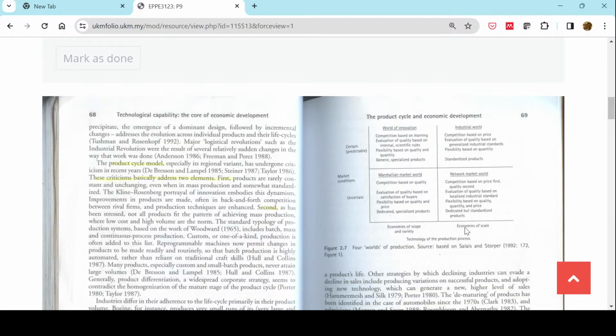By focusing on the certain segment, you achieve the saving, you achieve the lower cost and higher profits as well through the scope of the products. Whereas economies of scale through the quantities, larger quantities. This is the scope, specialization.